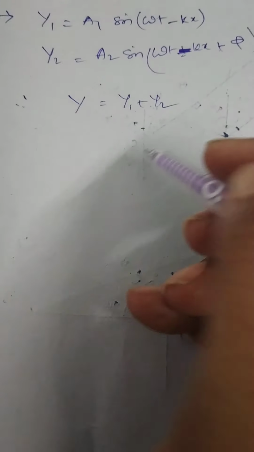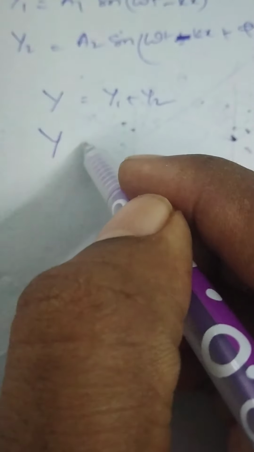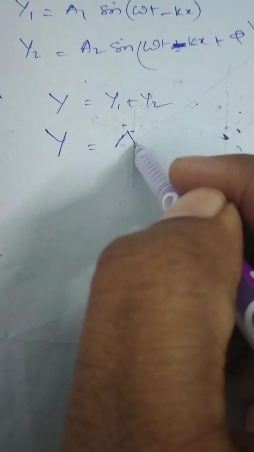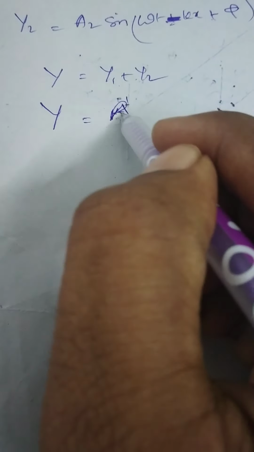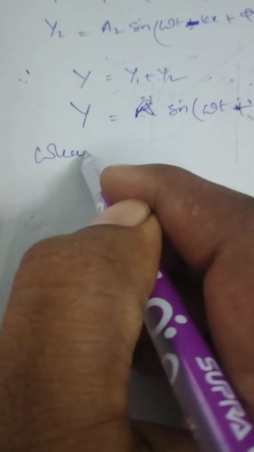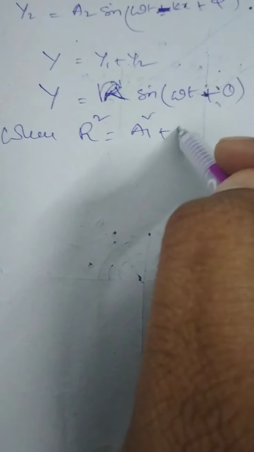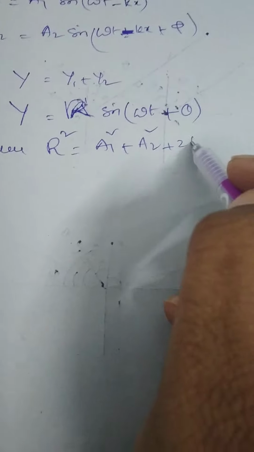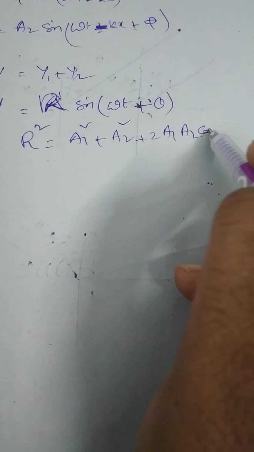The final equation is y equal to R sin(omega t plus theta), where capital R is the amplitude of the resultant wave. This can be proved as R square is equal to a1 square plus a2 square plus 2 a1 a2 cos phi.